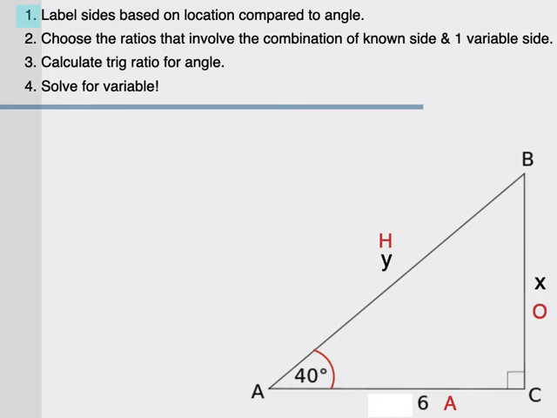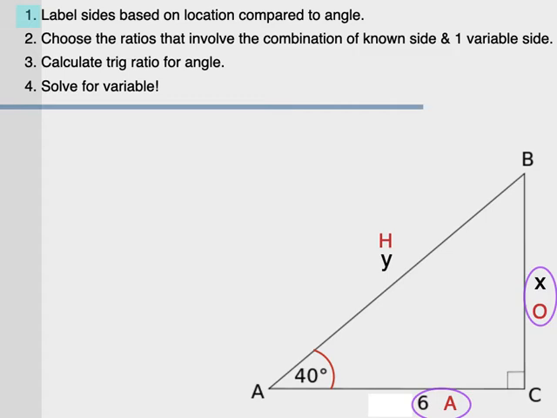Now step 2 really depends on whether we're solving x or y first. Let's say we decided to solve for x first. We would circle x and the one side we know, which is the adjacent side, 6 units long. So circle the side we're solving for, and then circle the one side we know. Now notice how, based off of our labels in red, x and 6 are an opposite side and an adjacent side, an O and an A side.